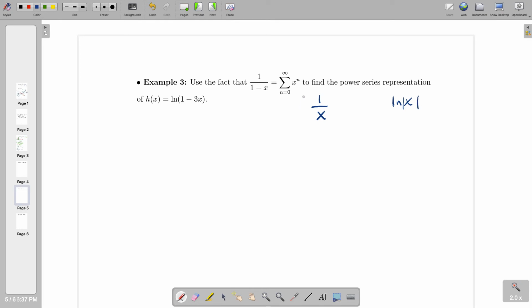The thing we would have to do is take the antiderivative. Right? That would equal our constant plus the natural log of x. So what we'll do is similar strategy to last time. We'll try to come up with something that looks more like this and then see if we can integrate our way to producing the function that they want from us.